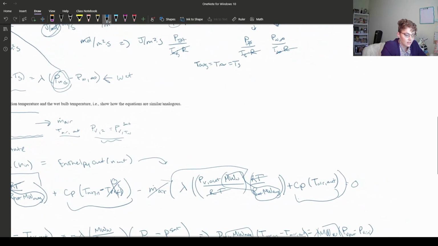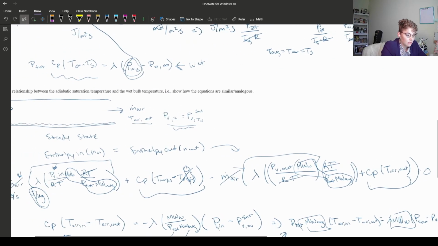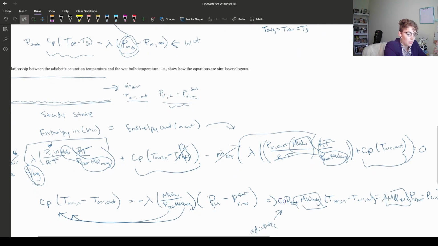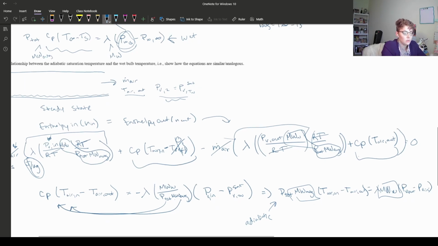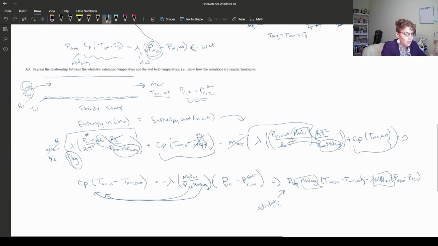So if we had used joules per kilogram in our initial wet bulb equation, we would have also had to include the molecular weight of water and the average molecular weight in these equations. So you can see that they are actually identical.